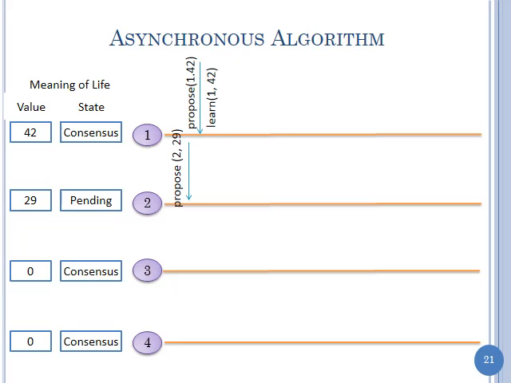They changed their value to pending, and they called learn on themselves. They called it consensus. So we can already see there's a problem here. They have diverged because the algorithm is weak. But let's just see what happens now. So the learn will go to some other site.